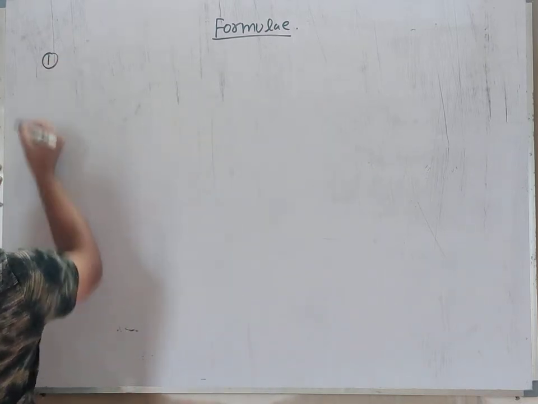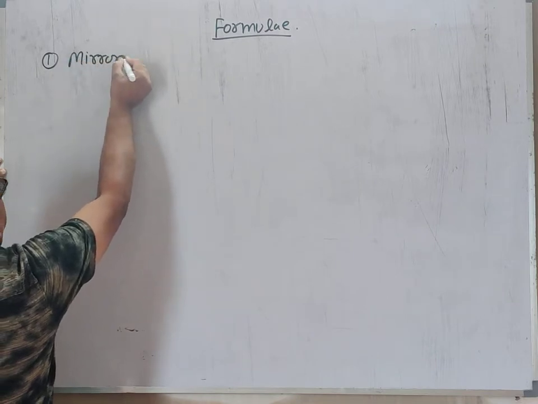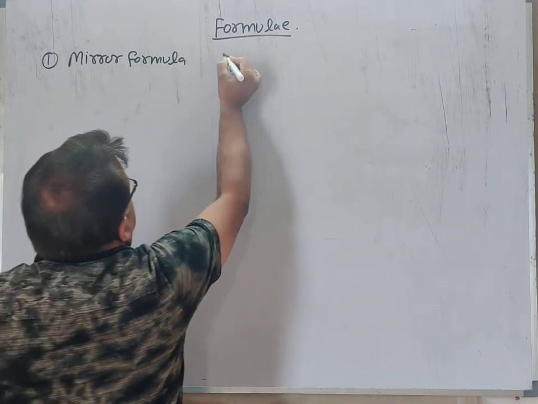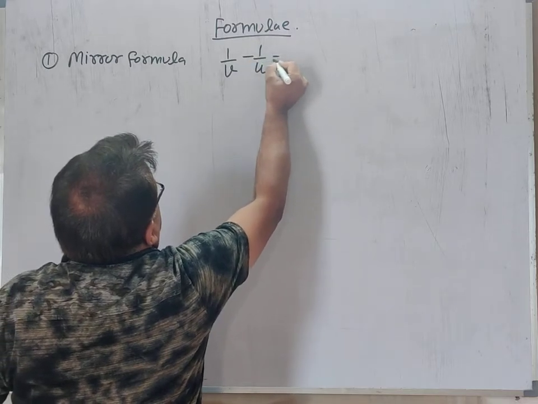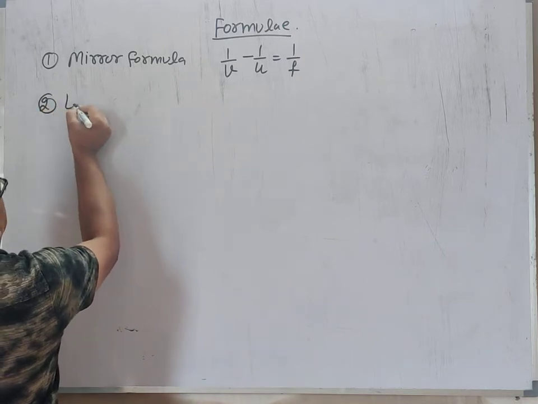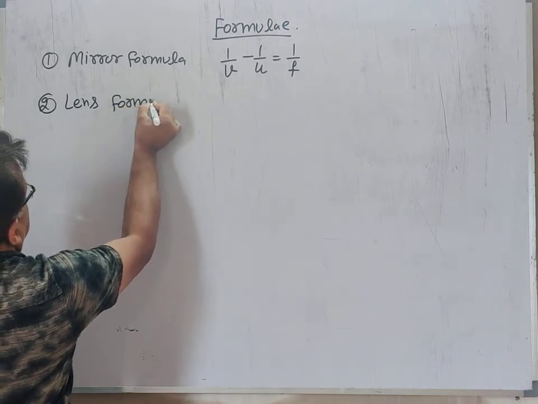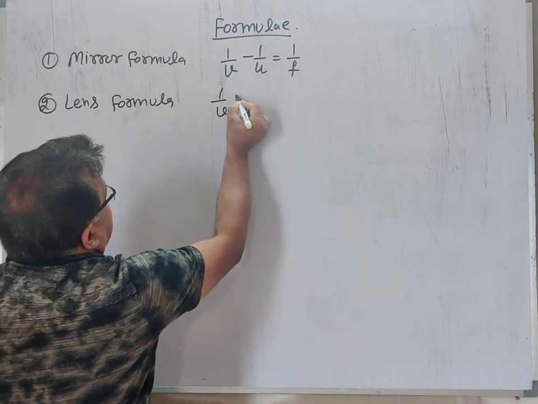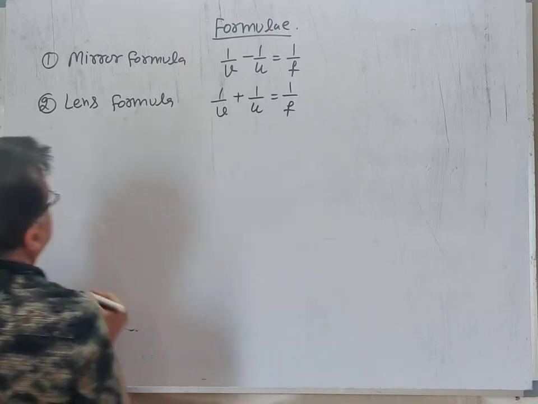Number 1, mirror formula, which is 1 by v minus 1 by u is equal to 1 by f. Lens formula, which is 1 by v, at the place of minus there is plus, 1 by u is equal to 1 by f.